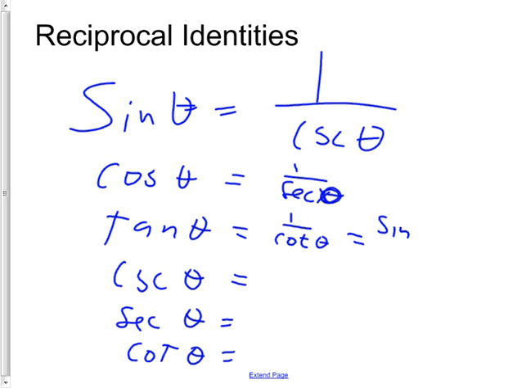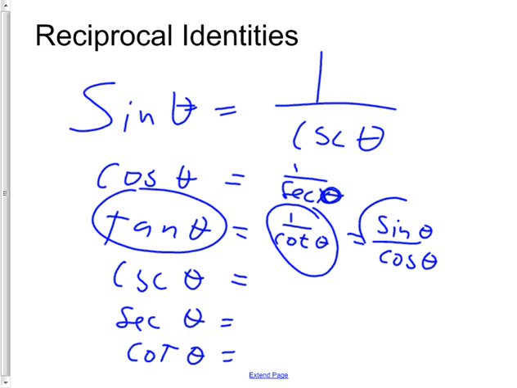So if you ever saw sine over cosine, you should put tangent. Unless it'd be better to put 1 over cotangent, because they're the same thing. All 3 of these are the exact same. So they're all interchangeable. Whenever you need a different form, just pull out the one and put in the other.